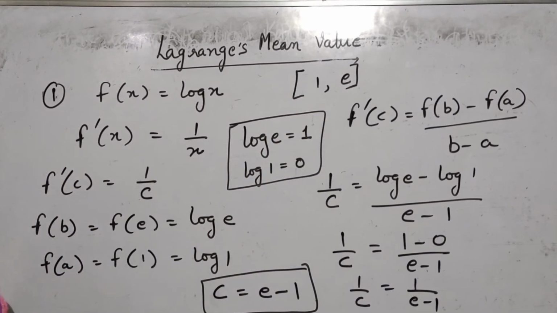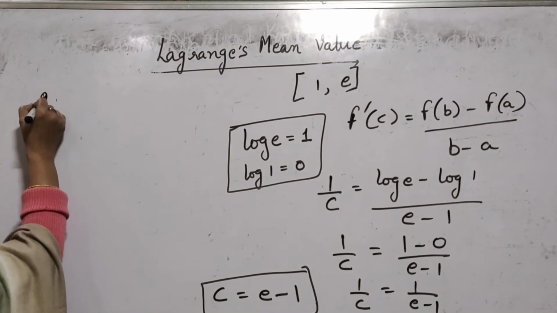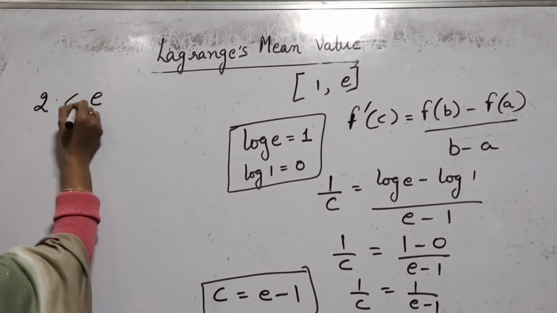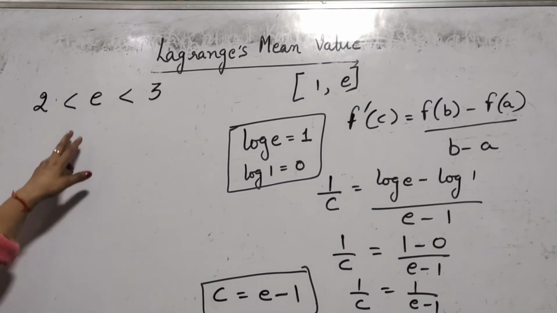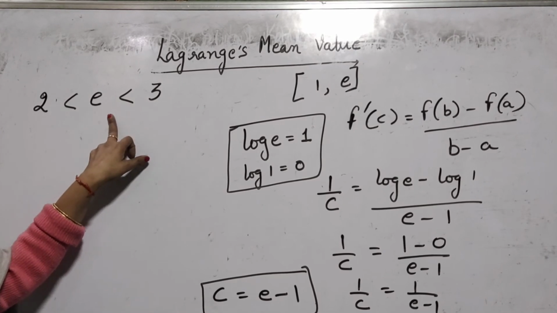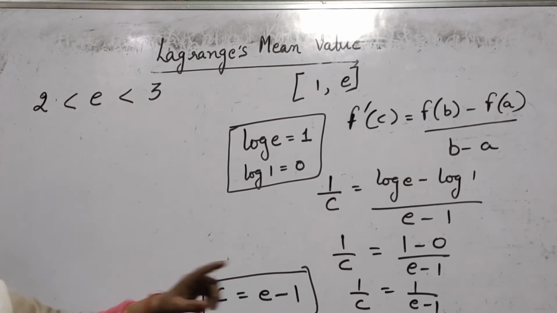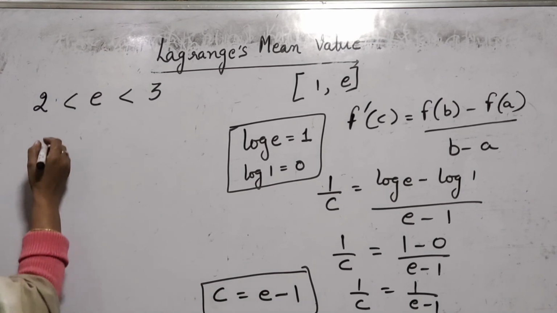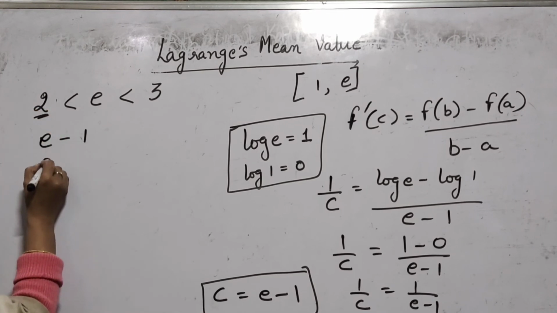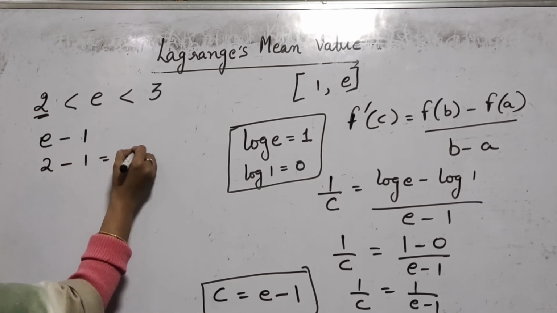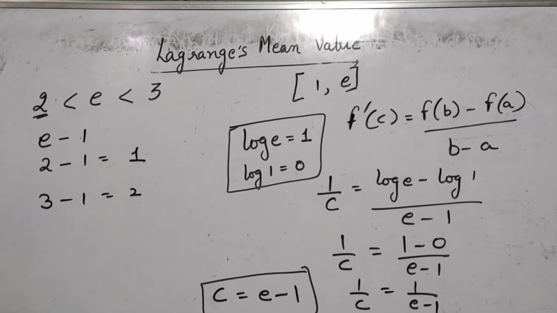For this I am going to explain. If you don't know, the value of e lies in between 2 and 3. The value of e is greater than 2 and less than 3. Now we have to find the value of e minus 1. If e is 2, then it becomes 2 minus 1, that is 1. And when it is 3, it becomes 2.